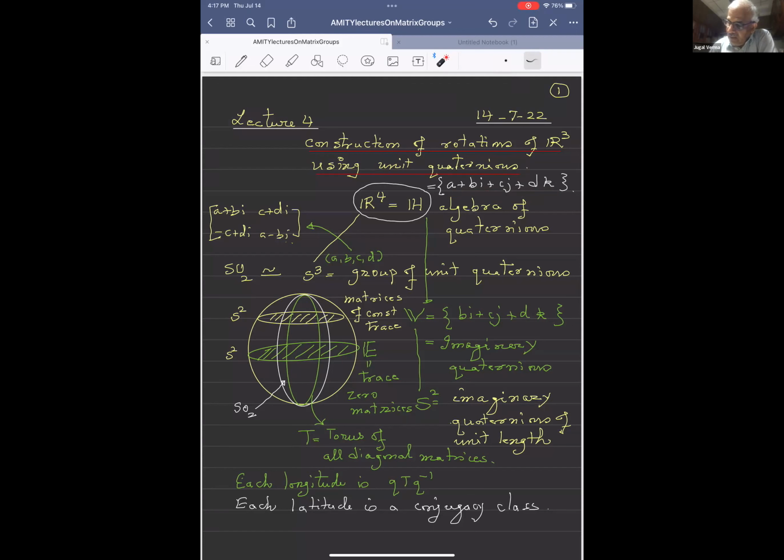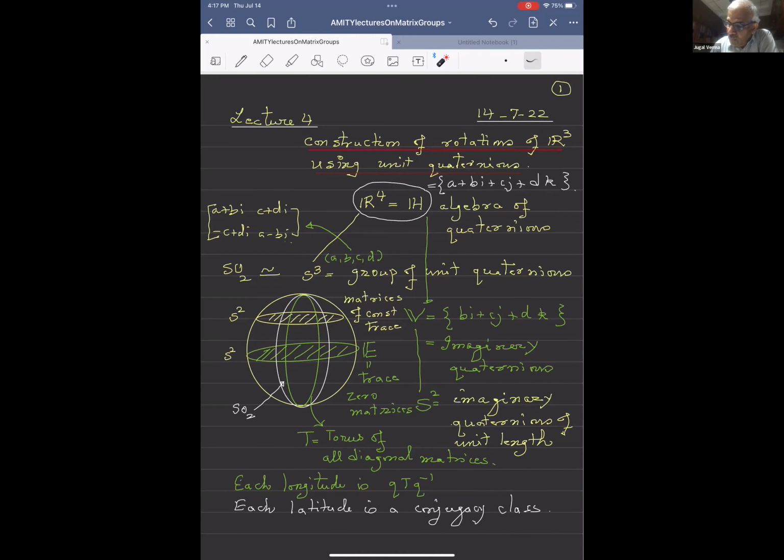Now inside R4, look at quaternions of unit length. These correspond to points (a, b, c, d) such that a² + b² + c² + d² = 1.